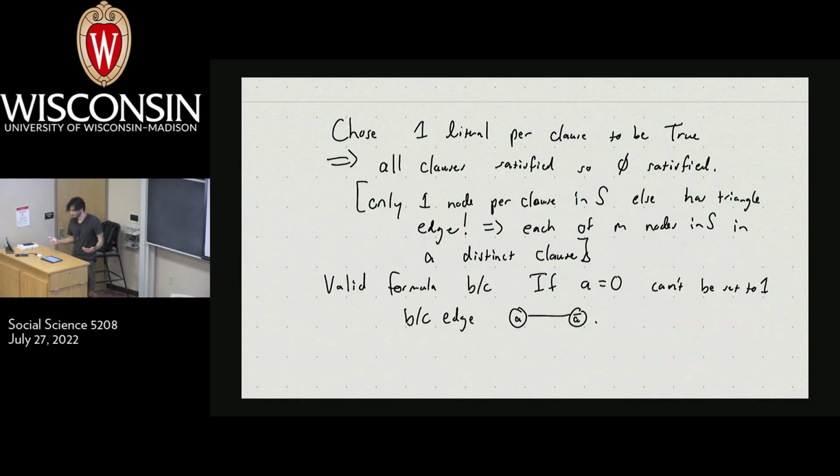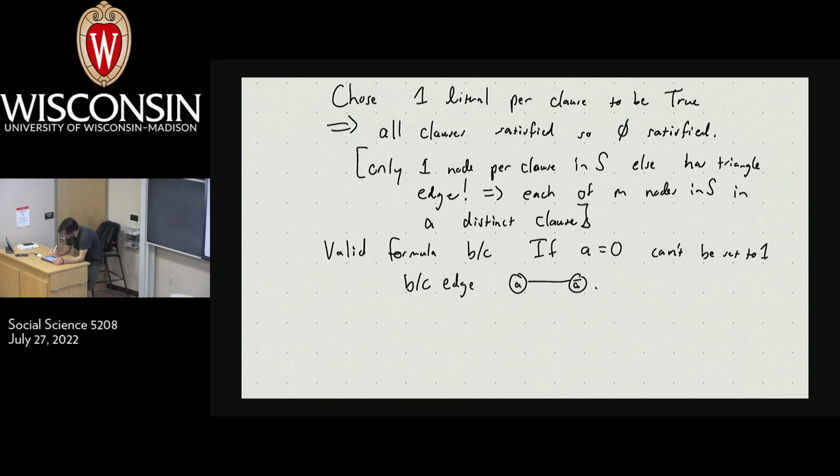So because the set's independent, we can't choose both A and A bar, and so each variable is assigned at most one value. And everything else not assigned a value, we can just set to a default value. So make it 1. Won't matter.